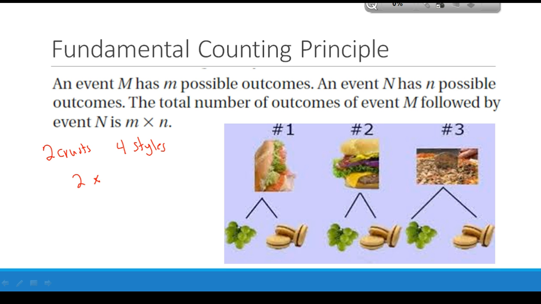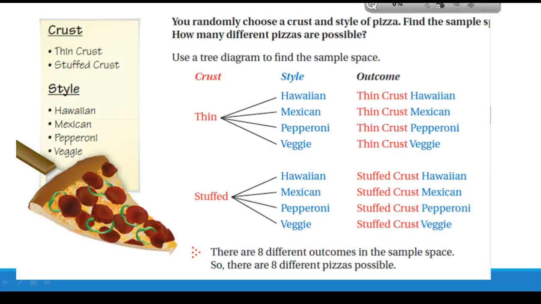I want to multiply that by the 4 styles, so we should have 8 possible outcomes. So let's go back and make sure that we got 8. So if you notice this, here we go. We have 1, 2, 3, 4, 5, 6, 7, 8. So we do. We have 8 choices. So that's how the fundamental counting principle works.